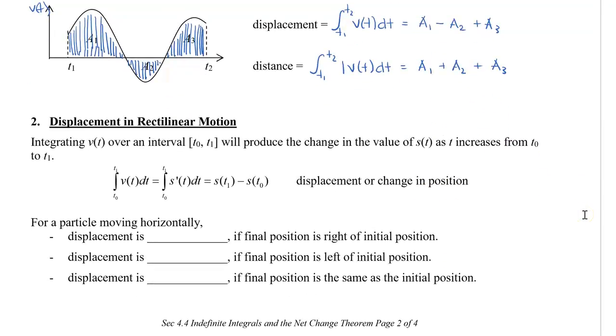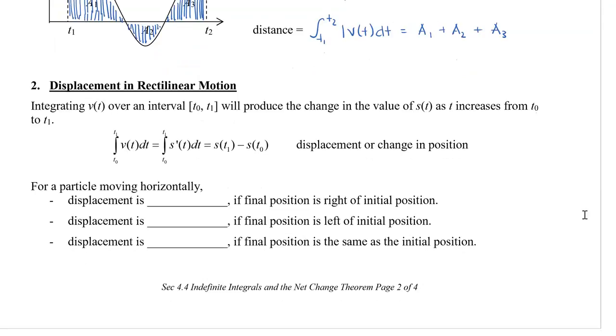So if a particle is moving horizontally, the displacement is going to be positive if the final position is to the right of the initial position. Displacement is negative if the final position is to the left of the initial position.